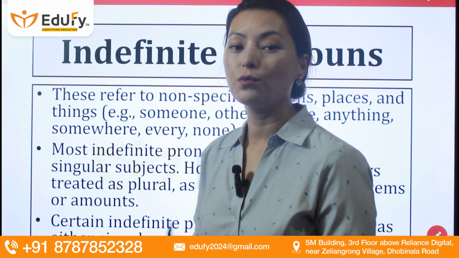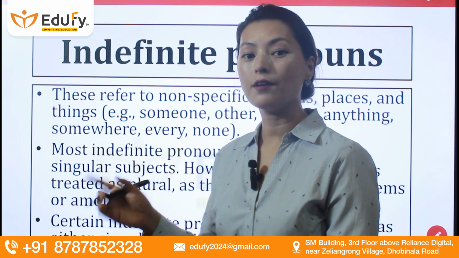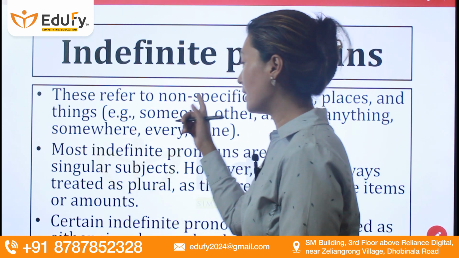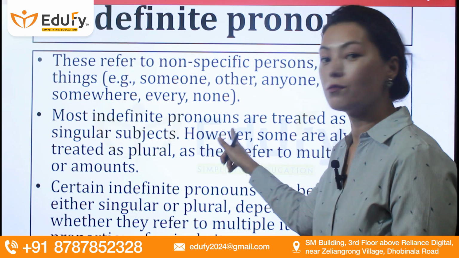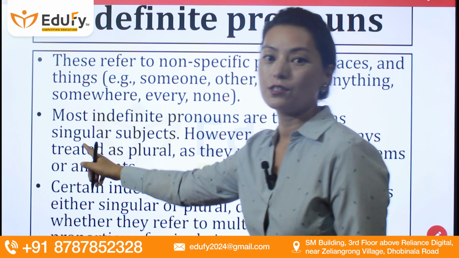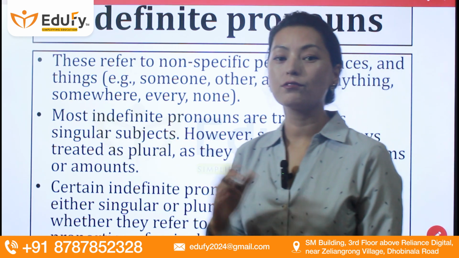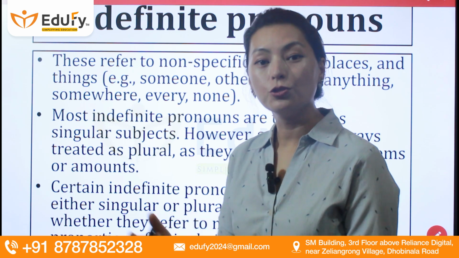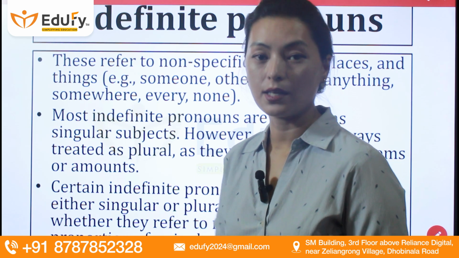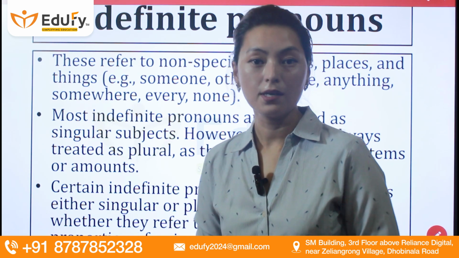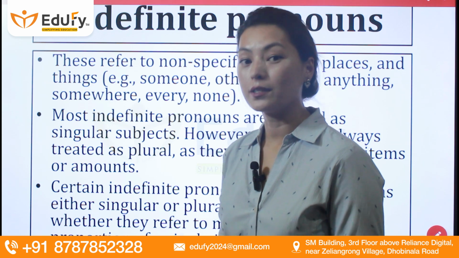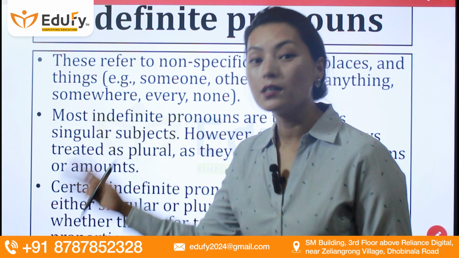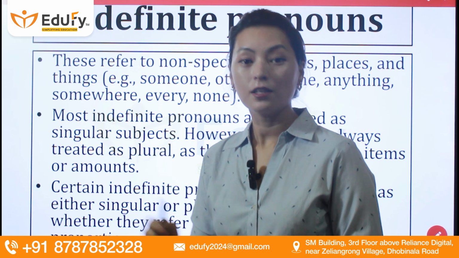Now, what do we do in case of agreements when we have these non-specific persons, things or places? Most indefinite pronouns are treated as singular subjects. We have to understand that indefinite pronouns are usually treated as singular subjects, and therefore the verbs also become singular. But there's another point. We also use plural verbs for certain plural indefinite pronouns.